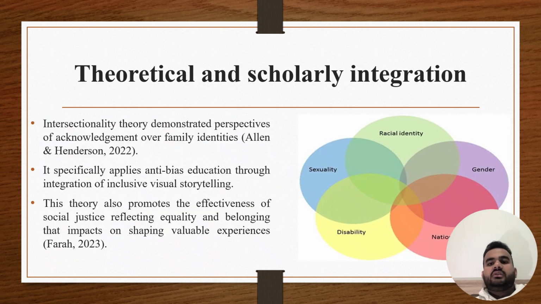Intersectionality signifies how diverse identities, including race, gender, and family norms, intersect to shape experience. The family book illustrates families without benefiting one over others. With respect to anti-bias perspectives, intersectionality educates children in valuing diversity in an empathetic manner.